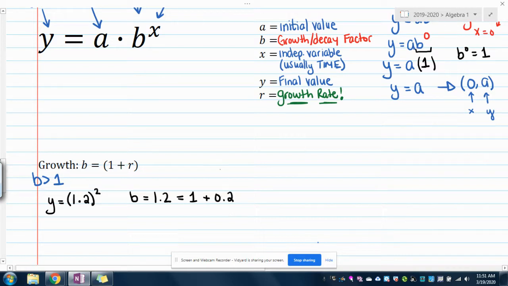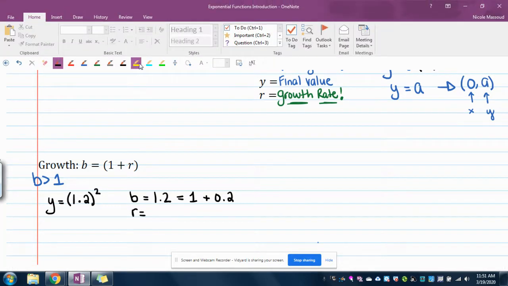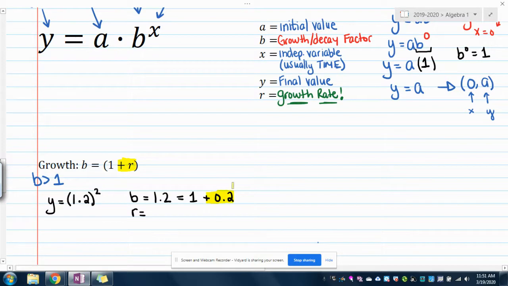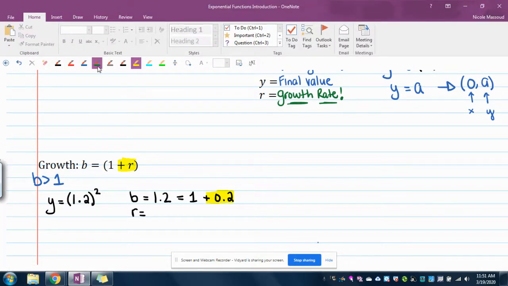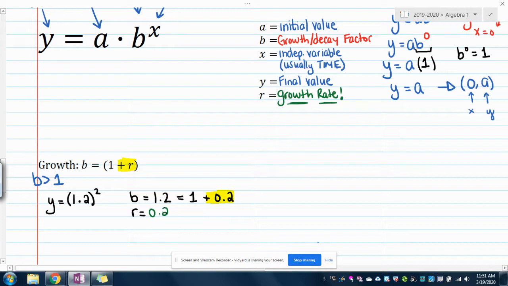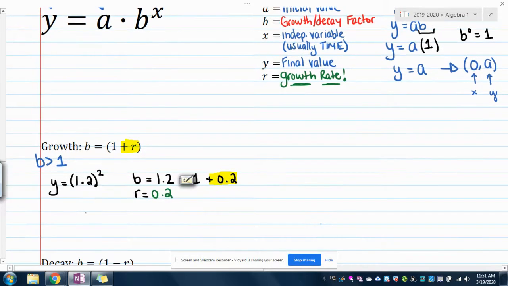So that means B is equal to 1.2, and R is equal to, see how we have 1 plus R? So it's going to be 0.2. R is equal to 0.2. So my growth rate, and we spoke about how to convert decimals to percentages and vice versa, my growth rate is going to be, if I move this 2 units, 20%. So whatever this is, it's growing at a rate of 20%.